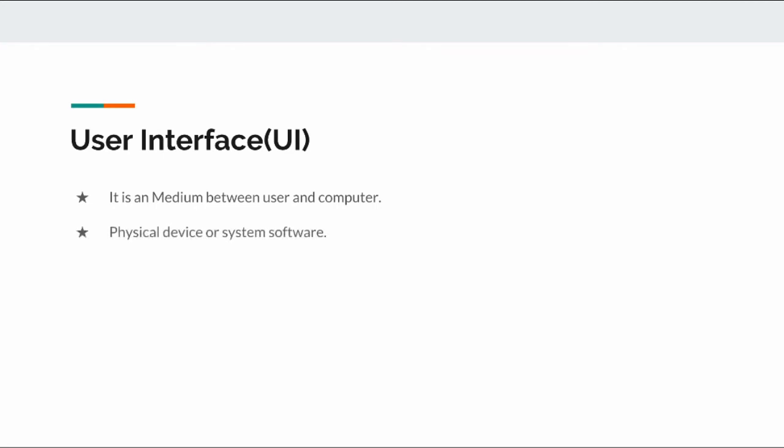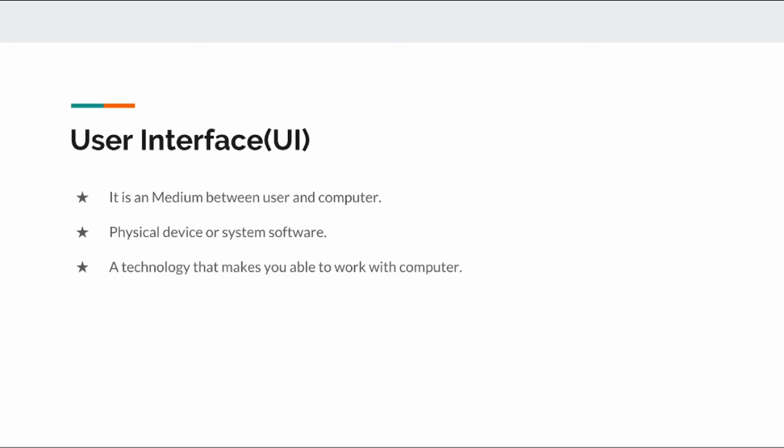It can be a physical device or it can be system software. Meaning, the thing that connects the user to the computer is the interface. It can be a physical device, like a keyboard that helps the user to enter the input, and it can be an operating system that helps the user to see the output. So in general, it is a technology that makes a user able to work with the computer.